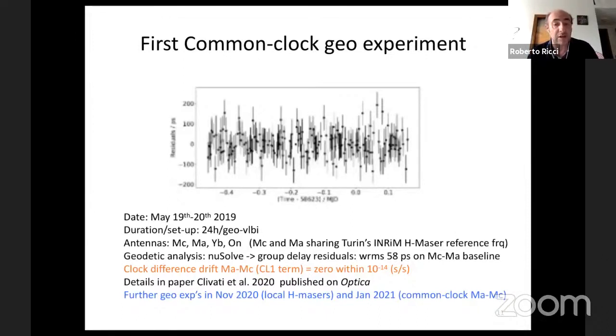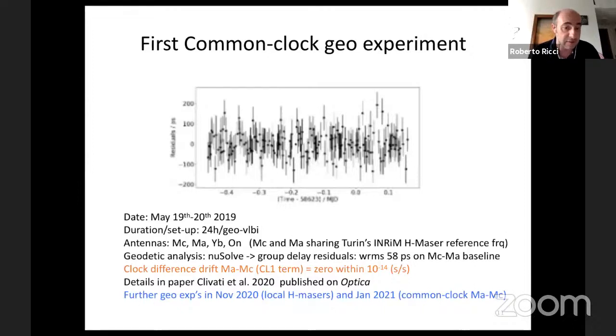Matera and Medicina were sharing an H maser reference frequency signal from the National Institute INRIM in Turin. The analysis was performed using the nuSolve geodetic software package. We obtained 58 picoseconds in the WRMS of the group delay post-fit residuals.